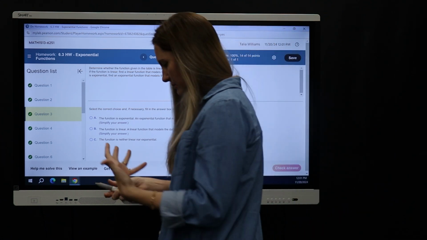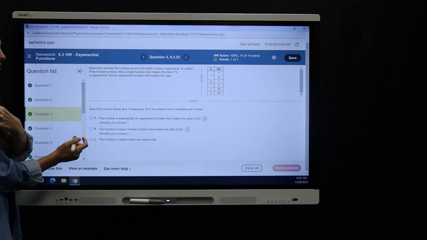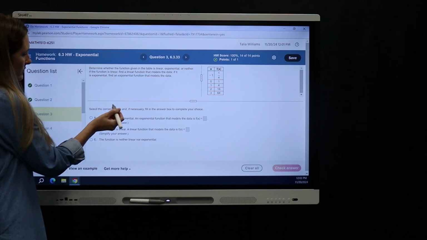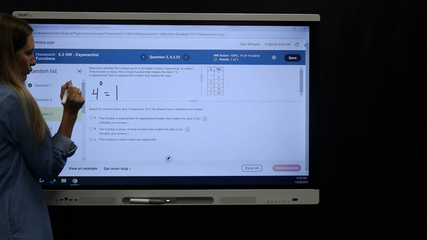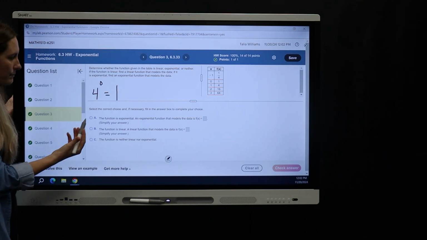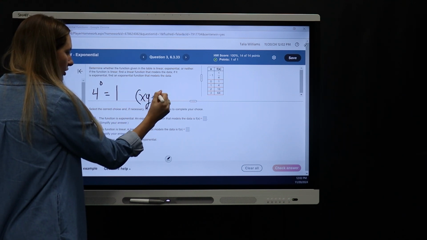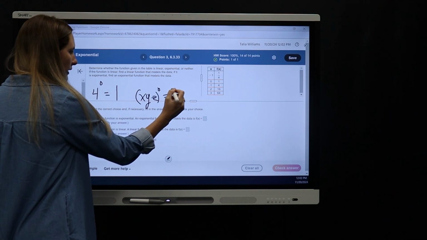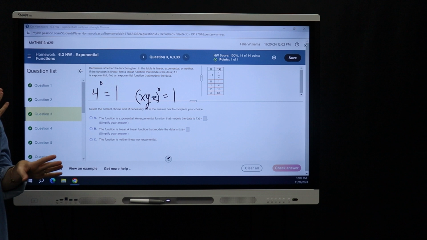That's the first thing that comes to my head. I'm trying not to leave anything out that I did last time. Whenever we have anything whatsoever raised to the 0 power, it's 1, regardless of what it is. I used 4 this time. If it was x, y, z, and all of that was raised to the 0 power, it would still be 1. So anything to the 0 power is 1.